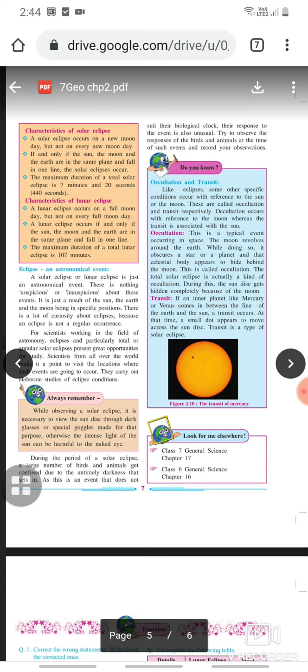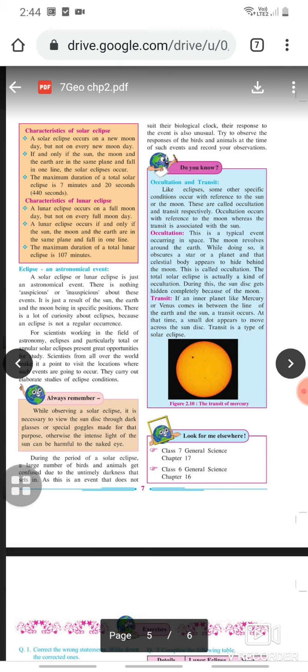The maximum duration of a total solar eclipse is 7 minutes and 20 seconds. That is a total of 440 seconds. Now let's read about the characteristics of lunar eclipse. A lunar eclipse occurs on a full moon day, but not on every full moon day.